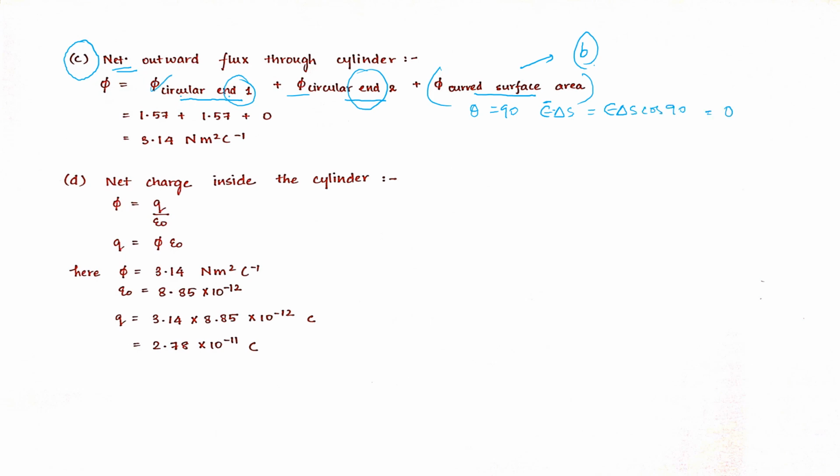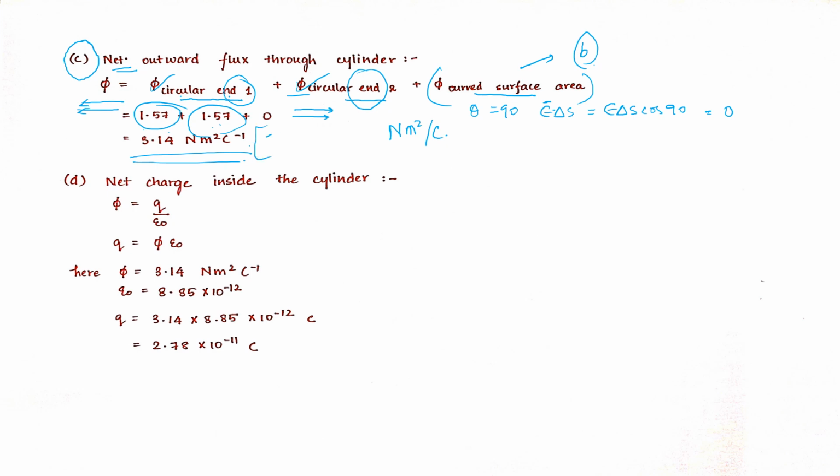And for this and this, the field and area vectors are in the same direction. So we get 1.57 Newton meter square per coulomb. Similarly, for the other one also we get 1.57 Newton meter square per coulomb. Adding it up, we get the total flux to be 3.14 Newton meter square per coulomb.